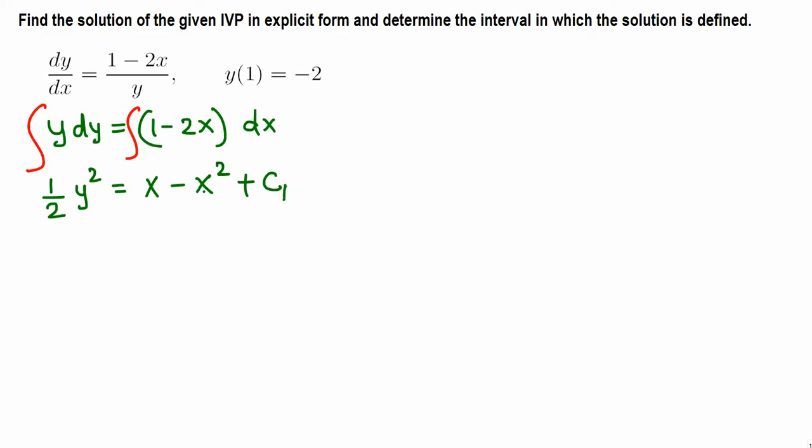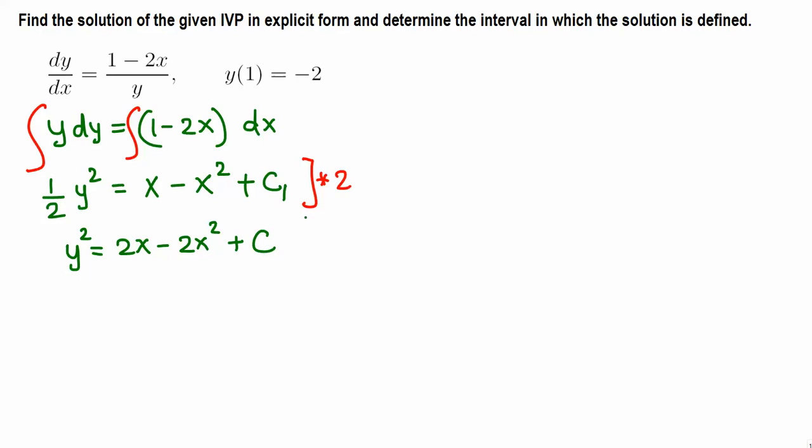Multiply both sides throughout by 2 just to get rid of this fraction. We get y squared equals 2x minus 2x squared plus 2c1, and I'm gonna call that c.